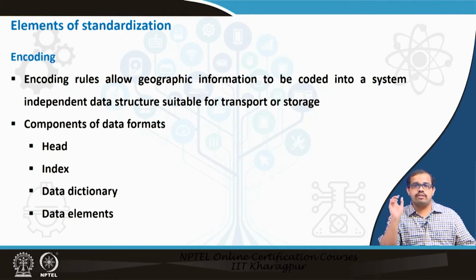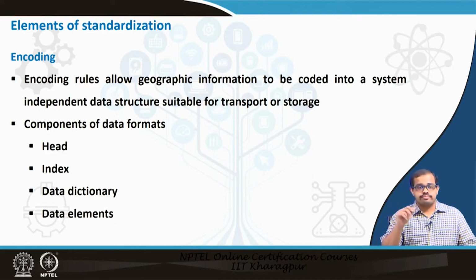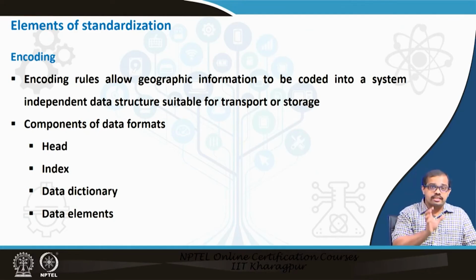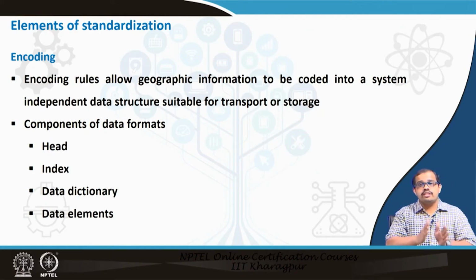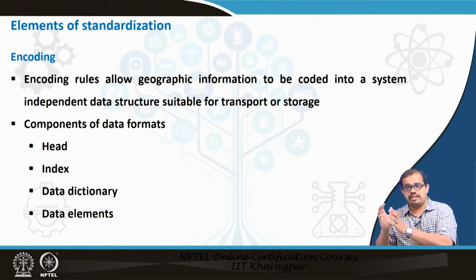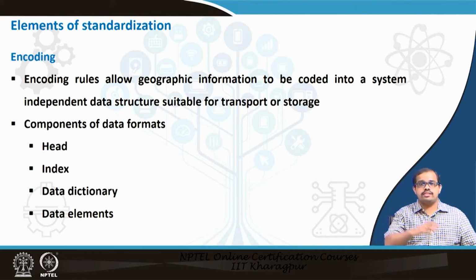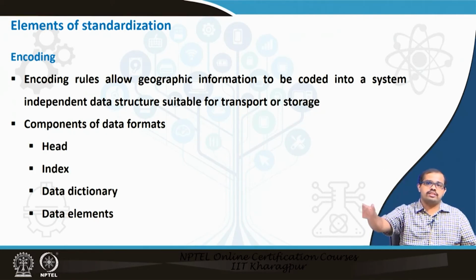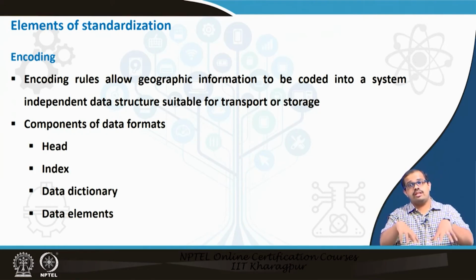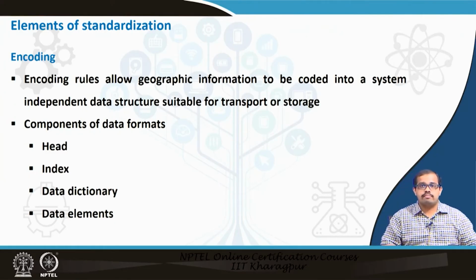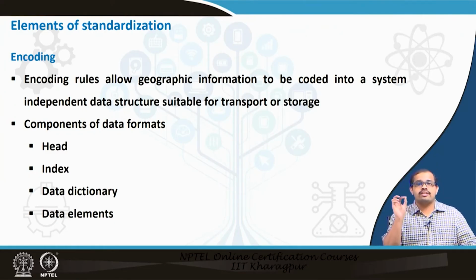Now, this data codes into a system with an independent data structure, which is suitable for transport or storage, whether it is transporting from one system to another system or one user to another user, or storage from your desktop to your hard disk or a pen drive. So, that is called encoding.